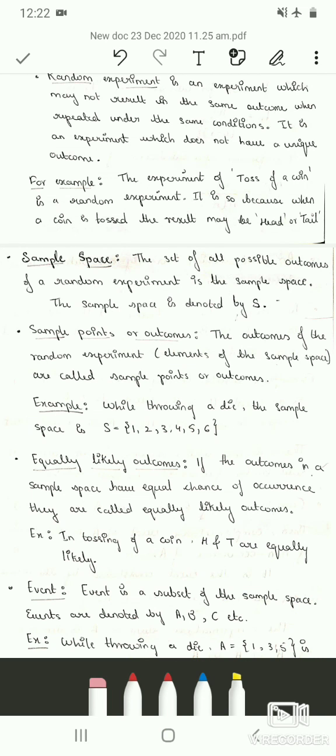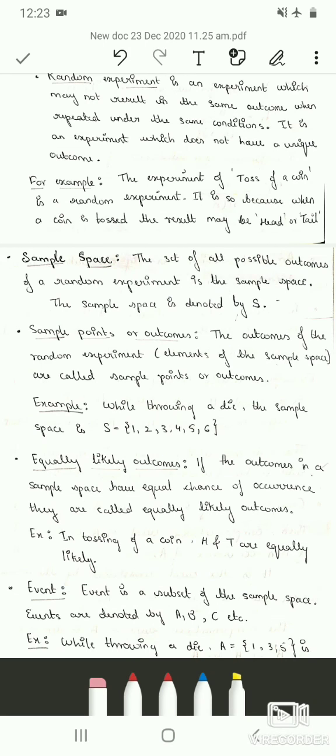Or we can say, while you're throwing a die, the sample space S is equal to {1, 2, 3, 4, 5, 6}. So the set of all possible outcomes of a random experiment is called the sample space. The outcomes of a random experiment, or the elements of the sample space, are called sample points or outcomes.